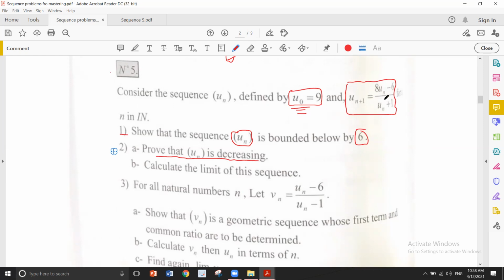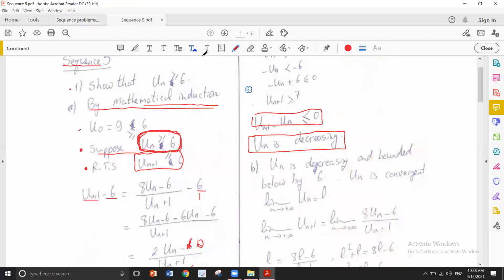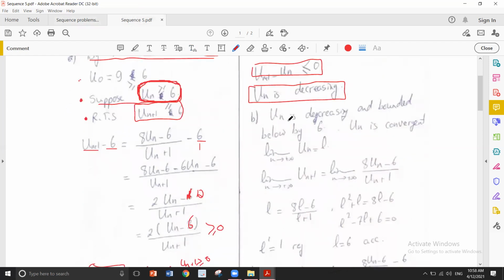We use this relation. So un is decreasing and bounded below by 6.